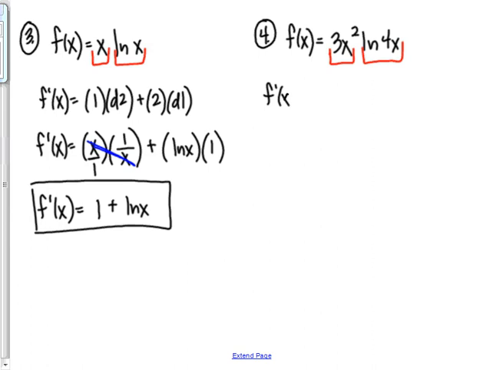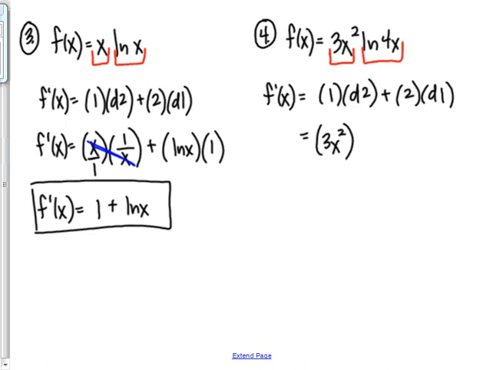Whenever there's an x in front, I've got to do that product rule, so I need a 1 d2 plus a 2 d1. 1 is 3x squared, and then d2 is going to be 4x on the bottom, because that's what's behind the ln, and the derivative of that, which is 4, on top, plus 2, which is the natural log of 4x, and then d1, the derivative of 3x squared, 6x.